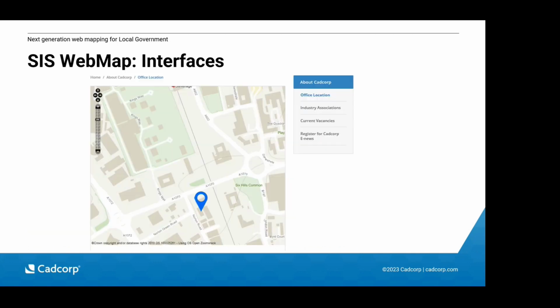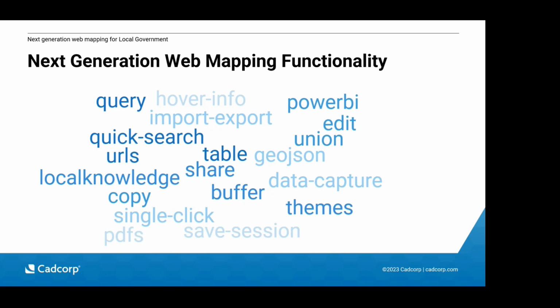And we should also not forget the embedded map functionality, which is available as standard with web mapping too. So that's for unlimited use across your websites. In terms of next generation web mapping functionality, new and improved functionality, I've put on screen as much as I sensibly could here.